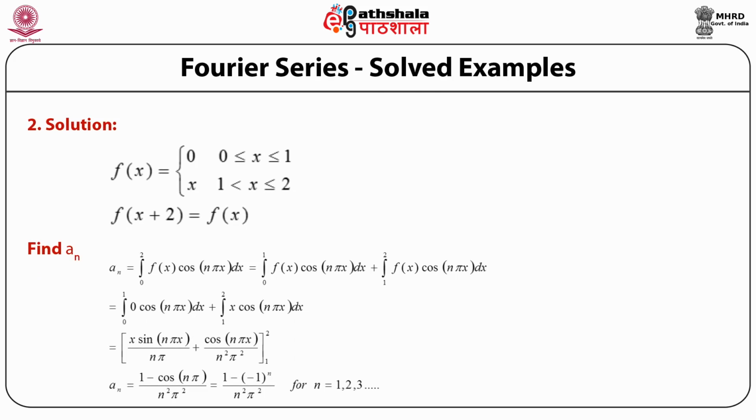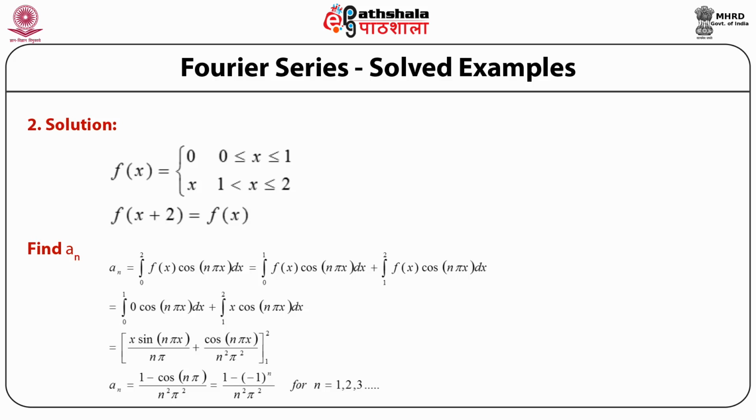What we are going to do is find the value of an, which is similarly written as the integral of f of x cos nx from 0 to 2 dx, and again it can be split from 0 to 1 and 1 to 2 because the value is different. When you multiply by 0, the whole function is 0, so that part is not valid. So we just see cos n pi x dx integrated between 1 to 2, and you can take a similar integration by parts.